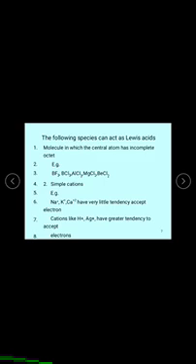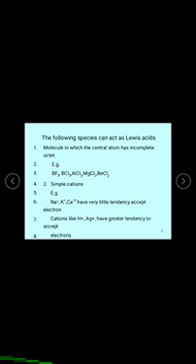And the next type is simple cations acting as Lewis acids. Examples are Na plus, K plus, the sodium ion, potassium ion, and Ca 2 plus ion, which have very little tendency to accept electrons.